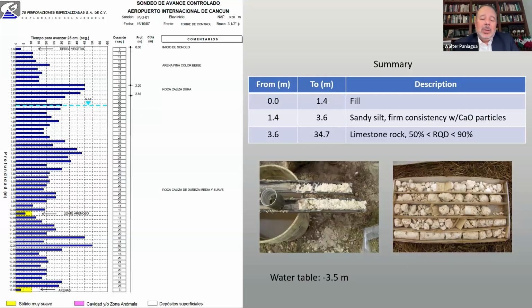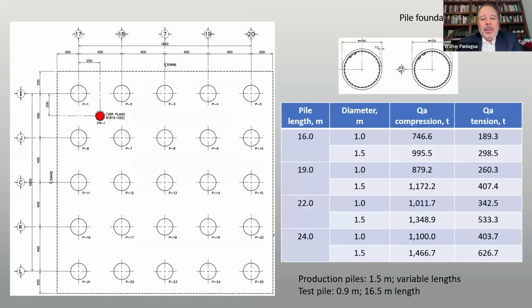And as Sebastian just told us, the bearing capacity predictions are based on rock, at least on the unconfined compression test on rocks. So with this kind of samples, you can imagine there's little to be done with this. So the owner, this is a concession airport, decided to do a scaled load test in here.